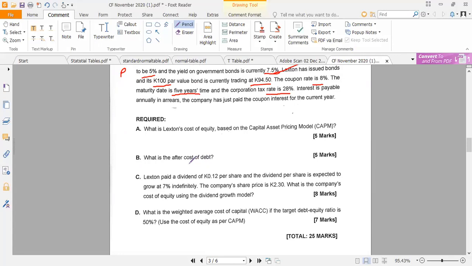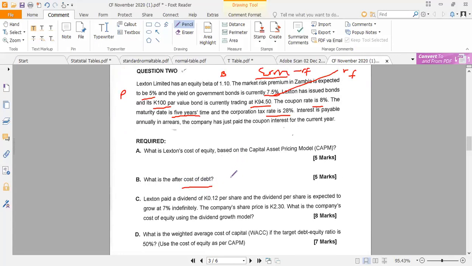Then what is the cost of debt after tax? So what is the after-tax cost of debt? 5 marks. Now I've explained. What are we given here? We're given tax. Tax rate is what? 28%.